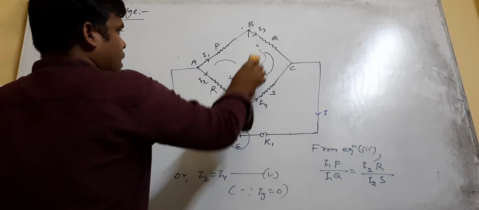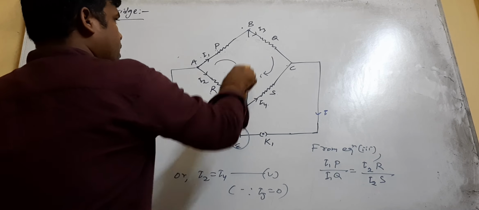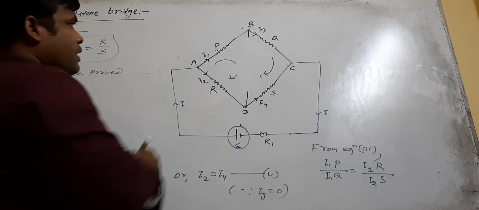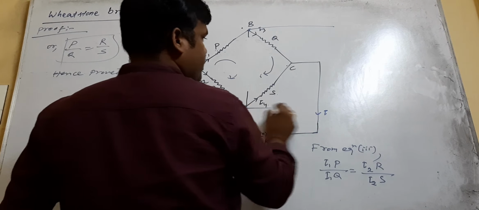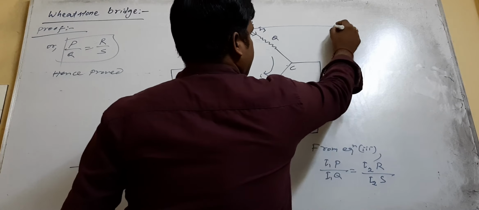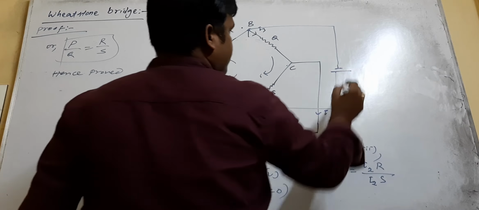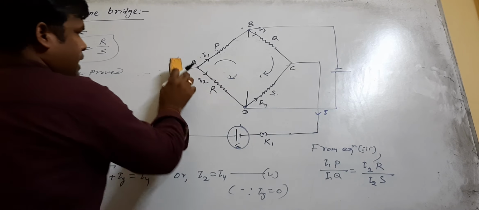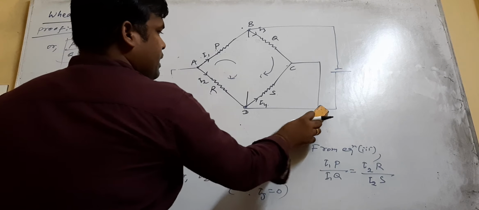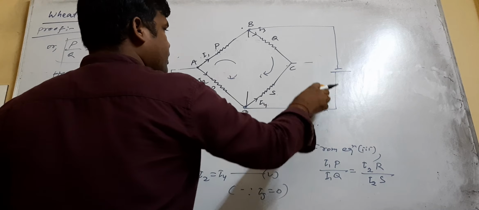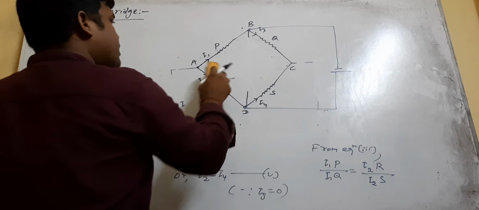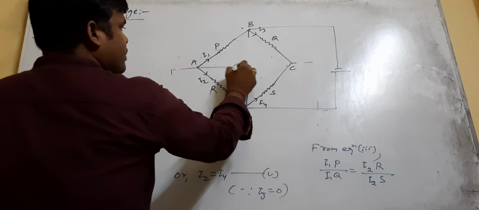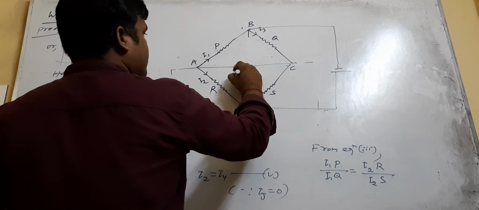In place of galvanometer, you will connect the cell, and in place of cell, the cell is connected between A and C. Between A and C, you connect the galvanometer.